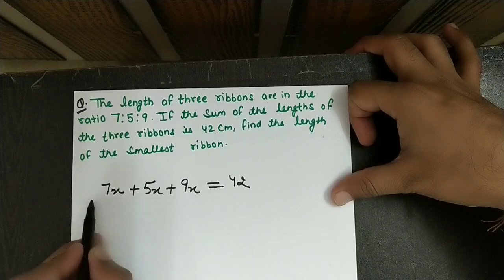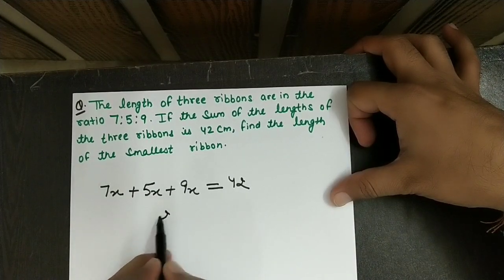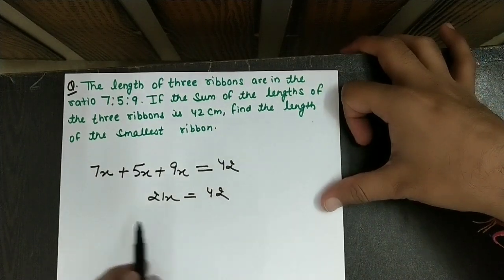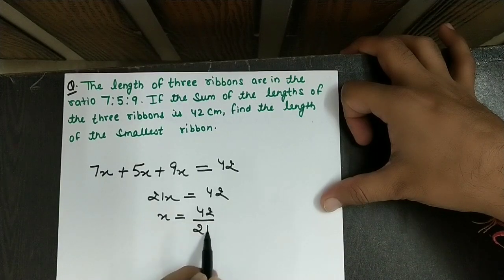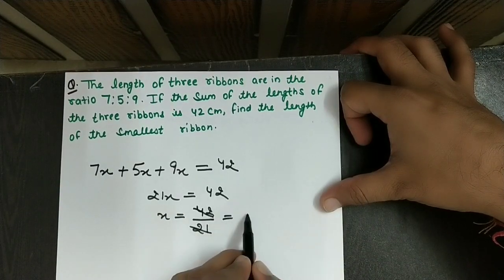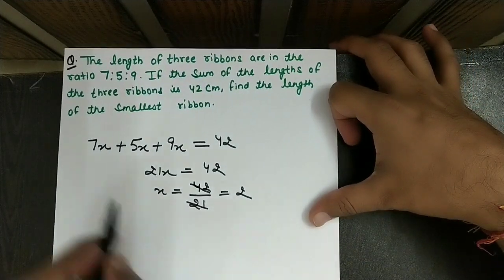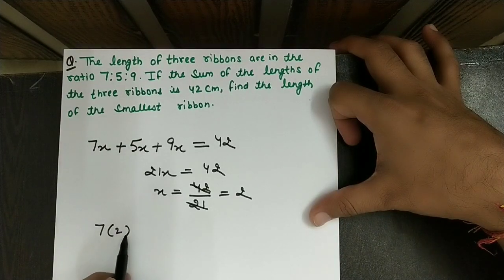If we add these, we get 21x equal to 42. So x equals 42 divided by 21. It means the value of x is 2. Now, the length of the first ribbon is 7x, that is 7 into 2.